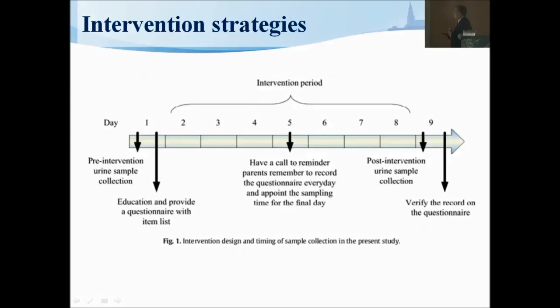On day 5, we reminded parents to record the questionnaire every day and appointed the sample time for the final day. On the last day, this is the post-intervention stage. We collected the post-intervention urine sample on this day and verified the records on the questionnaire.